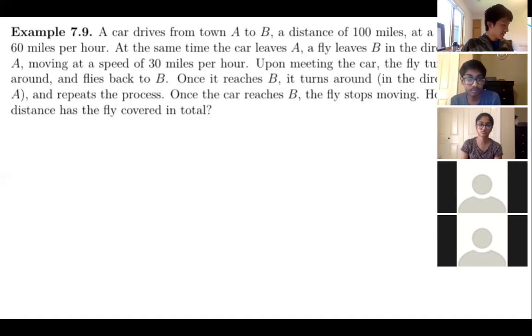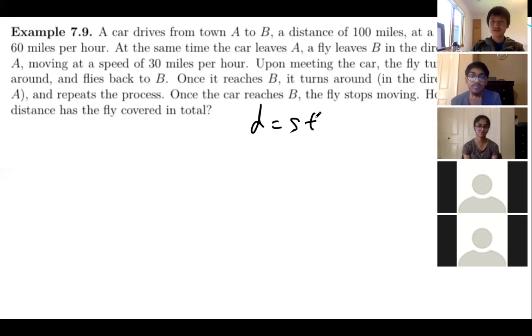Okay, 50 looks correct. So to start with this, the distance that the fly travels is distance equals speed times time.